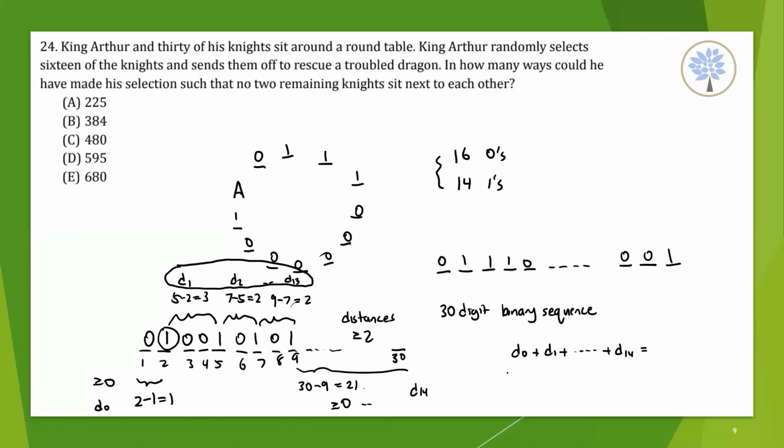We're taking all of these distances, all of these gaps between the first slot and the first one, the second one and the third one, and so on and so forth until the second to last one and the last one, and also the distance between the last one and the last slot. When we sum up all of these distances, we're going to get 30 minus 1, which is the distance between the first slot and the last slot. And this is equal to 29.